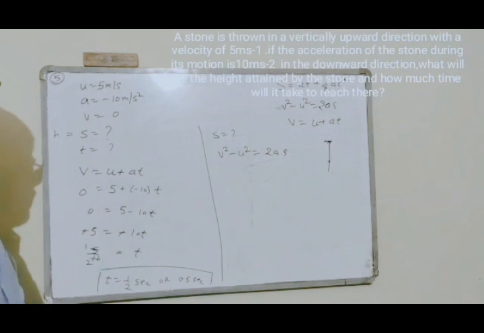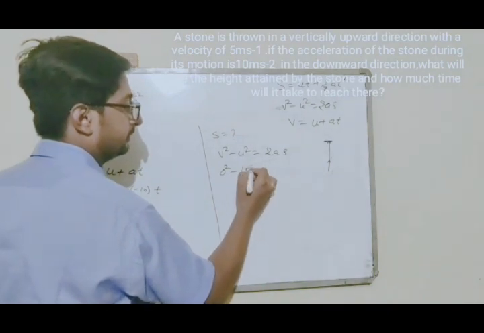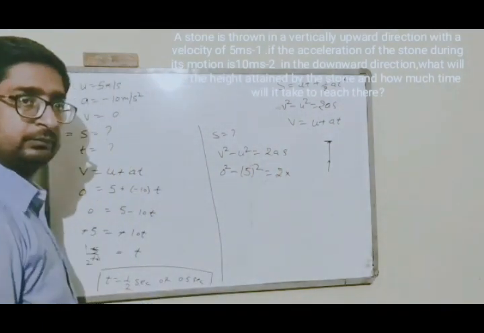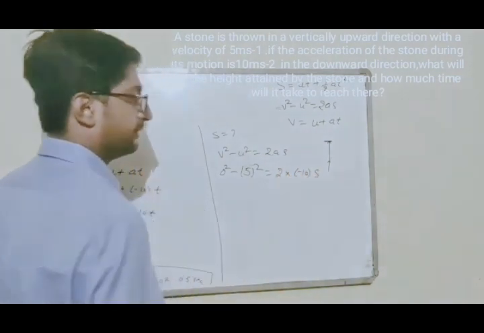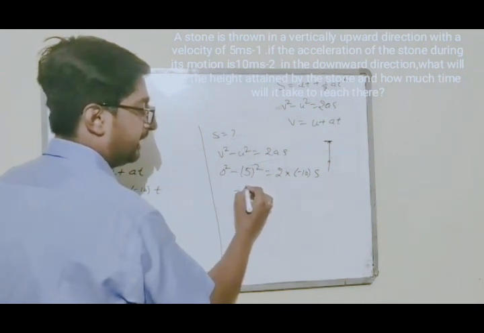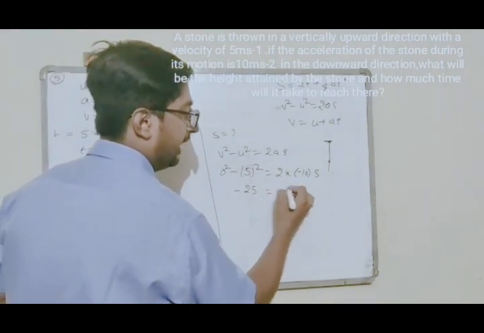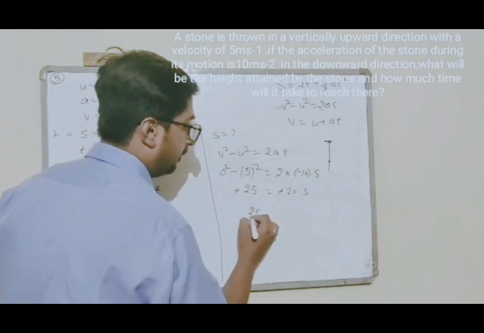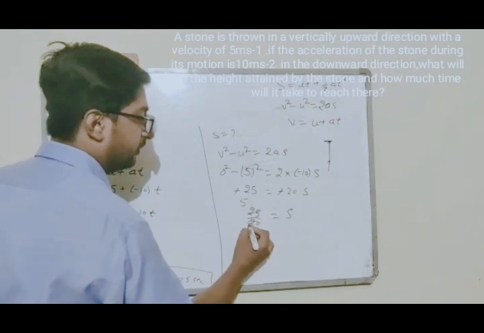V is 0 square and U is 5 square equals 2 into acceleration, which is also given, that is minus 10, into S. 5 square is equal to 25, so minus 25 equals minus 20 into S. Minus and minus cancel with each other. 25 upon 20 will become S. 5 5s are 25, 5 4s are 20.